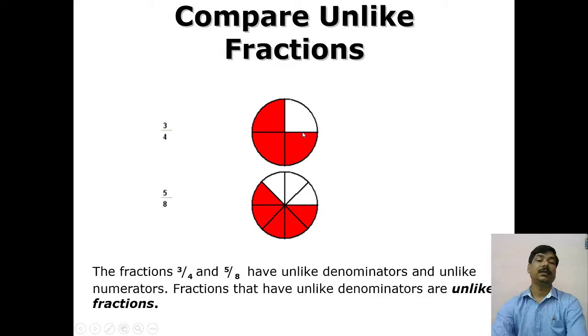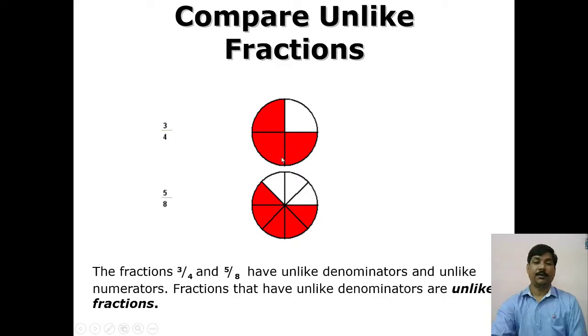From the picture, it is clear that this portion is colored more in comparison to the first picture. In this picture, it is clear that this colored portion is more in comparison to the second picture.